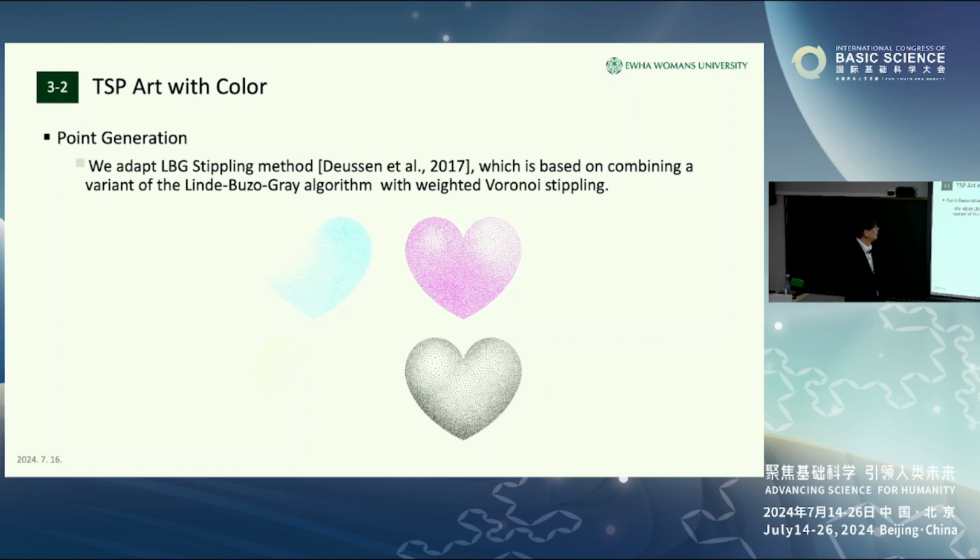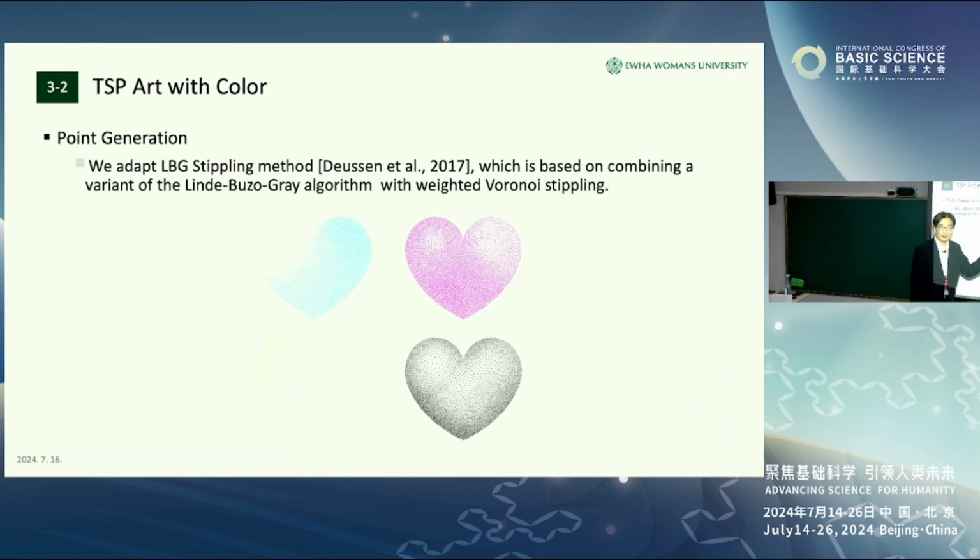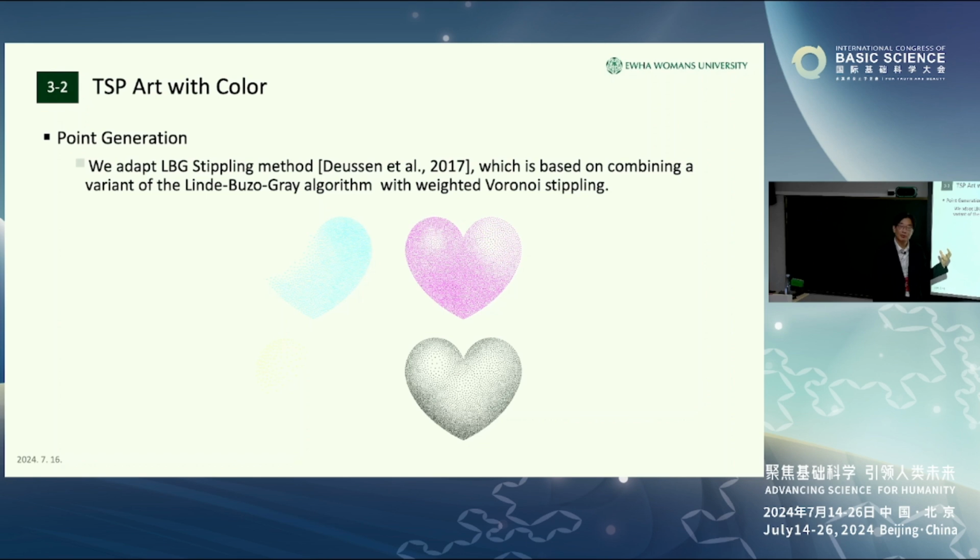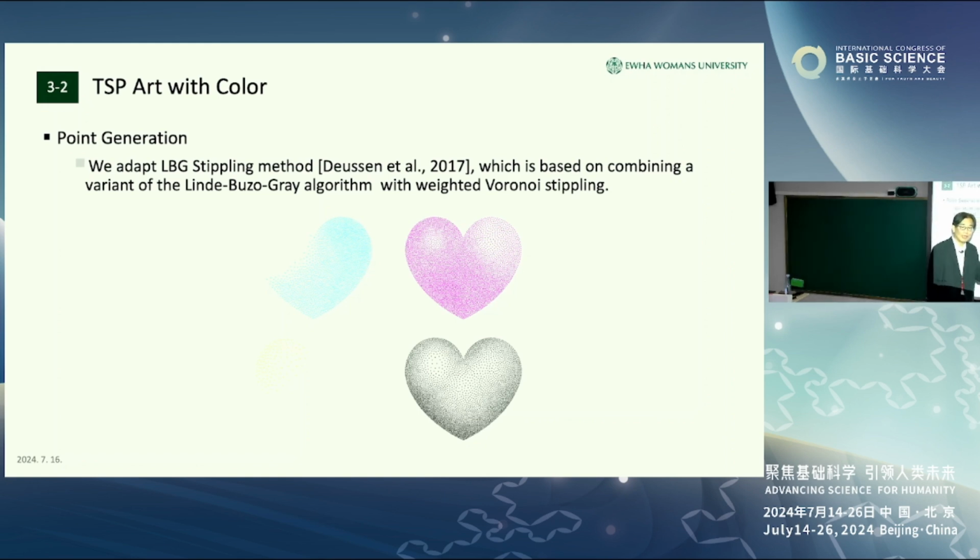And then point generation. Since we have very limited attendees who are doing computer graphics, it's probably not a good idea to get too much into computer graphics. But once you find the color channels, now we have to solve this point stippling problem. Basically, the point density should properly represent the brightness level of the input image.